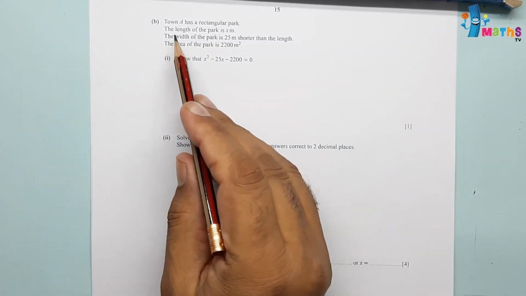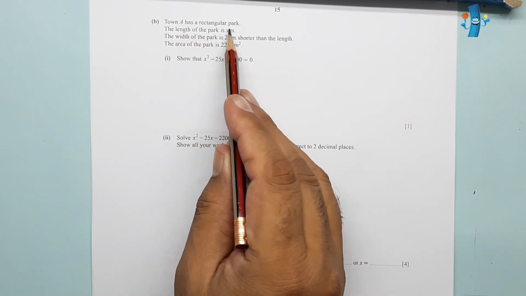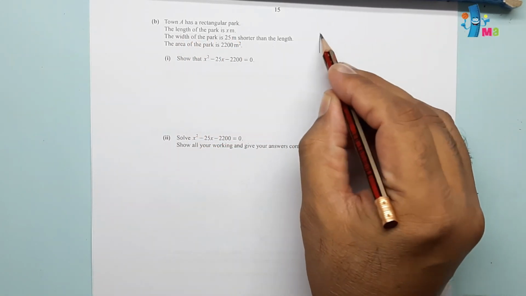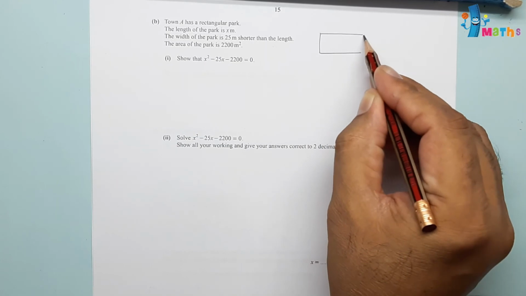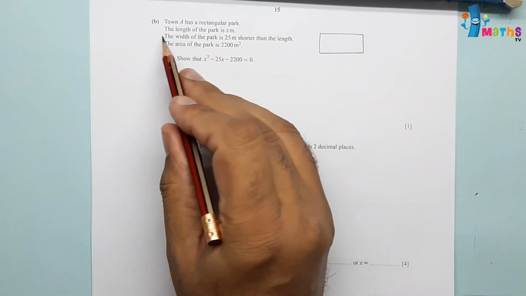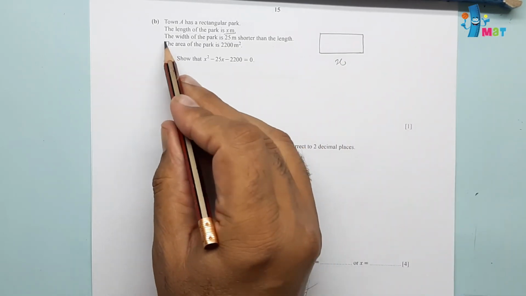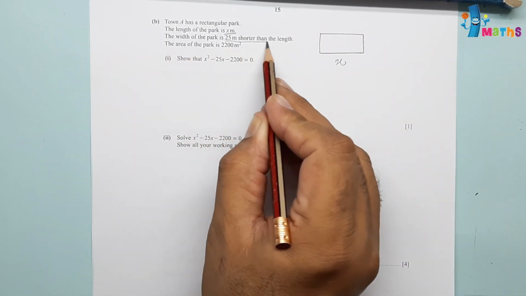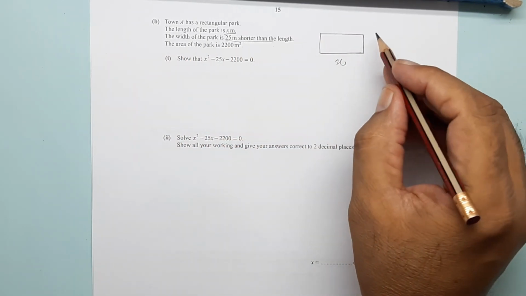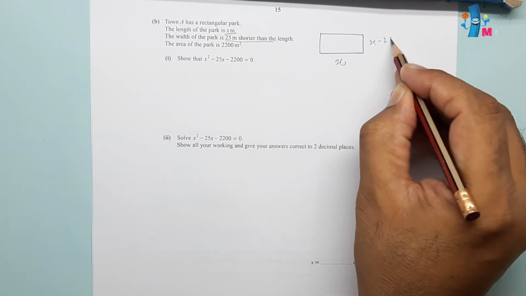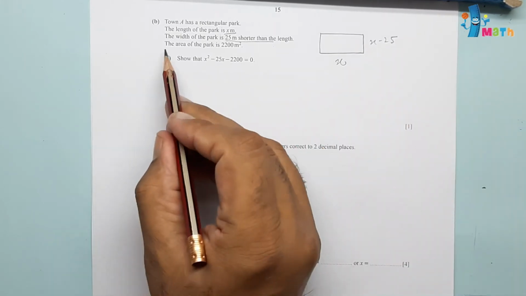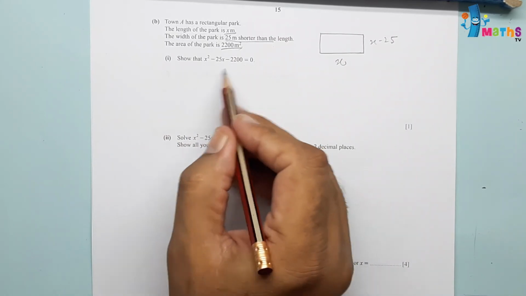B part, the town A has a rectangular park. So a rectangle we can suppose like this. This is the rectangular park. The length of the park is x, so x meters. The width of the park is 25 shorter than the length, so x minus 25 will be the width. The area is given, so we have to show this.